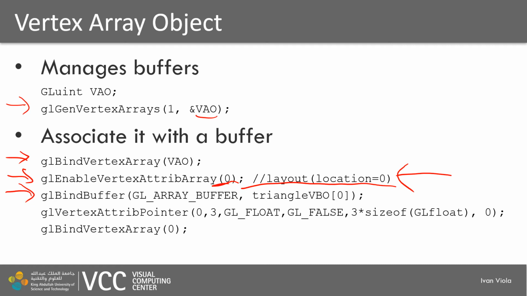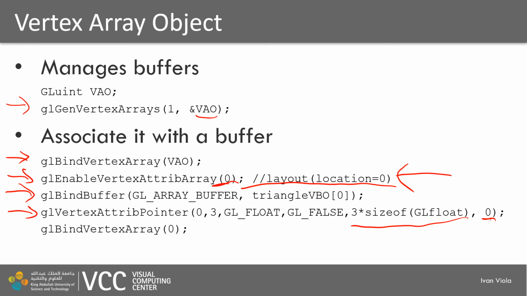So here we are performing the operation of defining where the location 0 information is, where we are starting. The offset is 0, and the size of our one element there, which is our vertex, is 3 times GL float, because we need 3 coordinates to define it.